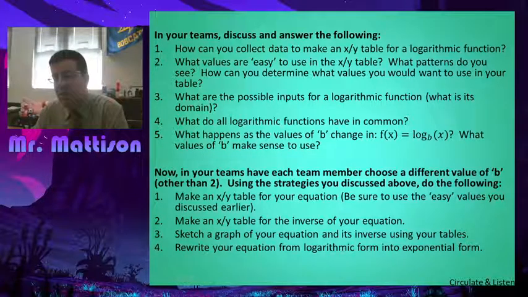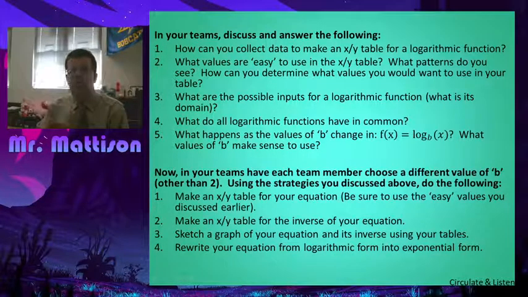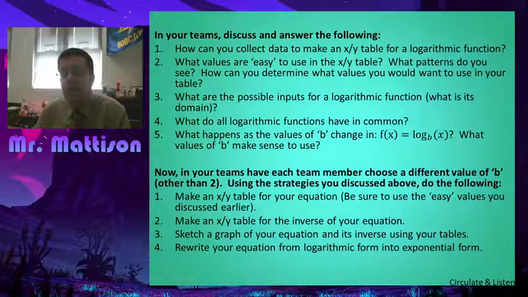Once you have those, then make the inverse table for that. So again, for our inverse tables, we just transpose the x and the y values on our table, and then we have the inverse table. Then I want you to sketch both of those on the same graph from the table. So don't use Desmos or a graphing calculator to do that. Use the tables you just made.